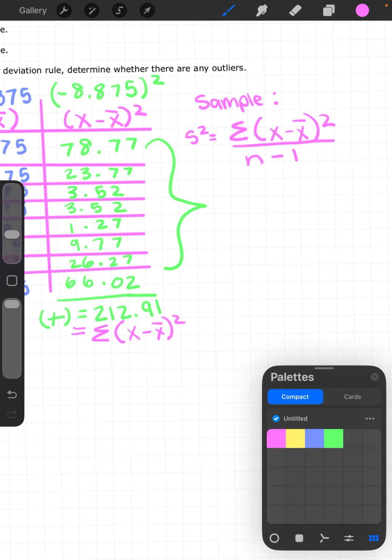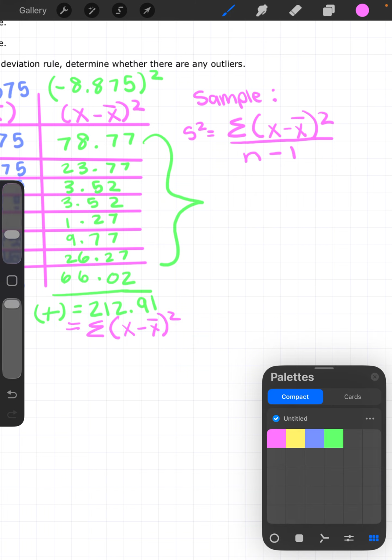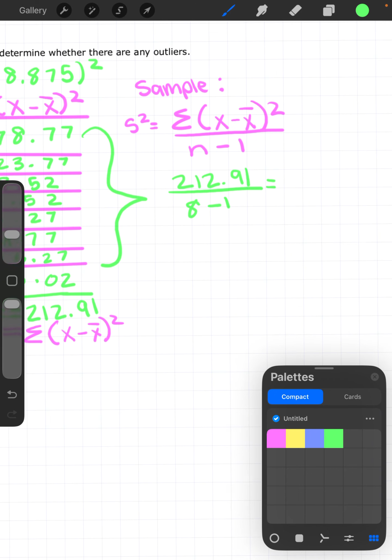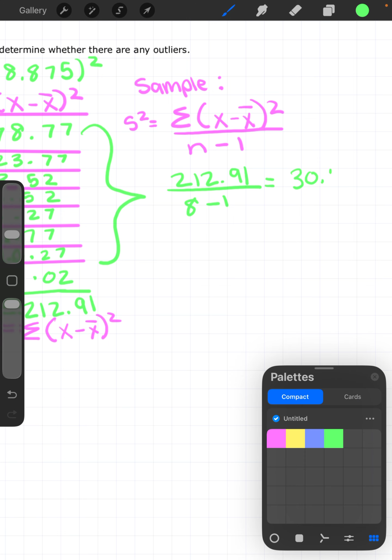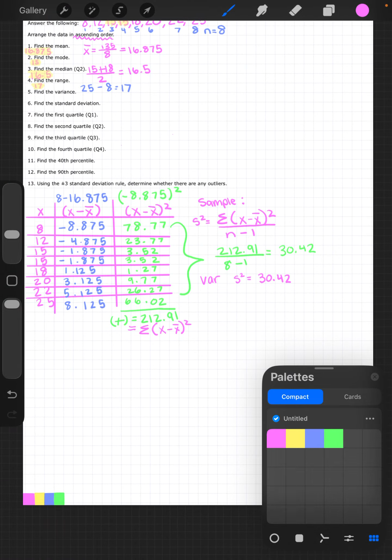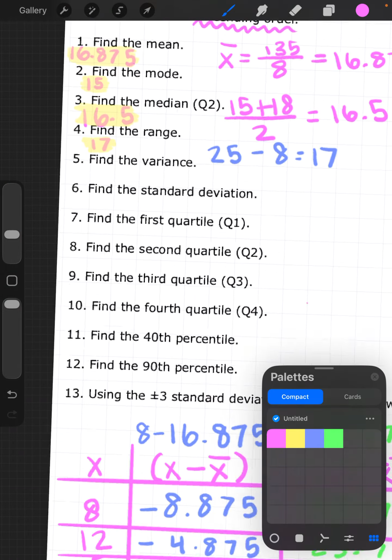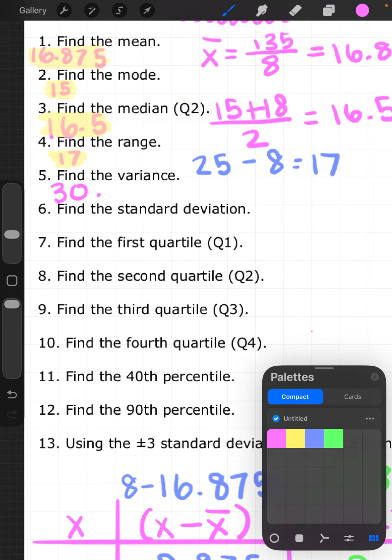So if we follow the steps, our variance, or our s squared, would be 30.42. Awesome. So I'm gonna put that up here. 30.42.